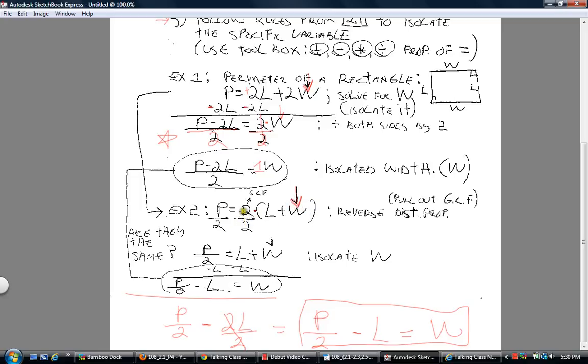Divide both sides by 2, and now you've got P divided by 2 equals L plus W, but maybe whatever floats your boat. Now what do you have to do to isolate the W? Minus L on both sides, and lo and behold, you get the answer that I worked over here, P divided by 2 minus L. Either way works, so you pick what works for you.